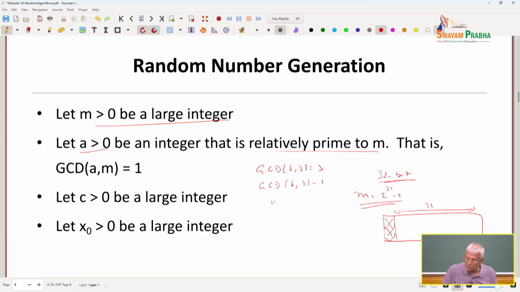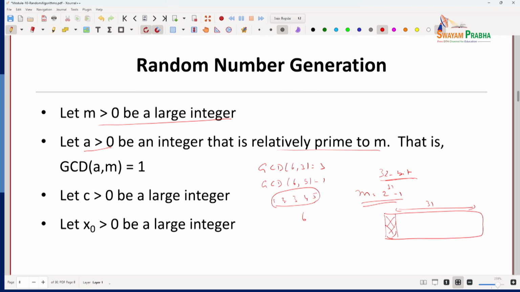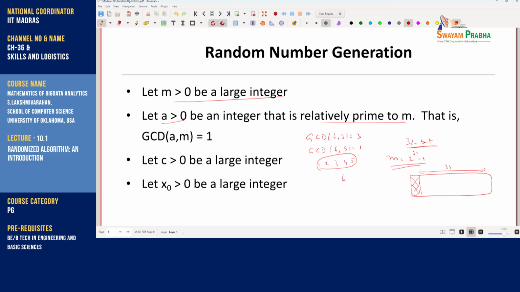If you consider the numbers 1, 2, 3, 4, 5 with respect to 6, 2 divides 6, 3 divides 6, 4 and 6 have a common divisor. 6 and 5 are relatively prime. 2 is not relatively prime to 6, 3 is not relatively prime to 6. A prime is a number divisible only by itself and by 1. Two numbers are said to be co-prime or relatively prime if their GCD is 1.